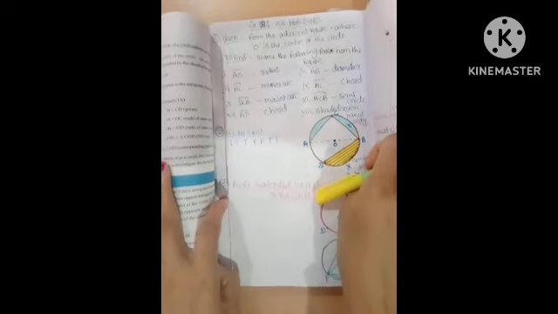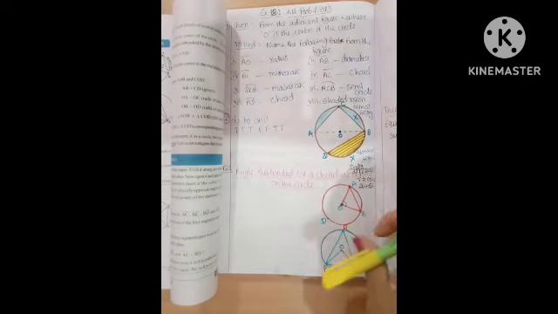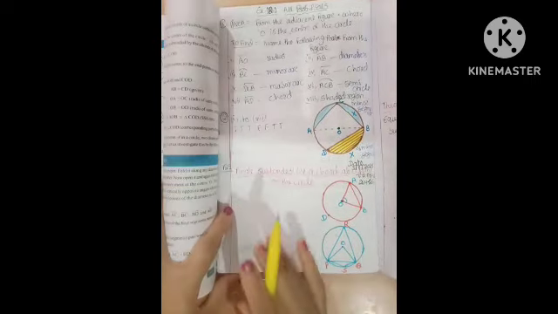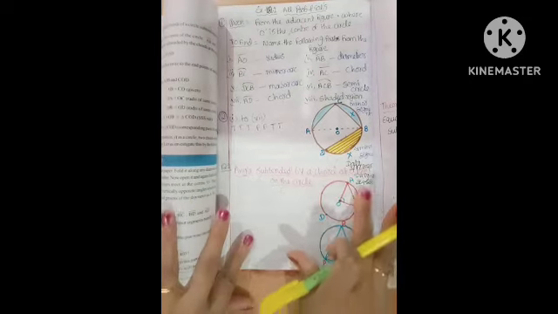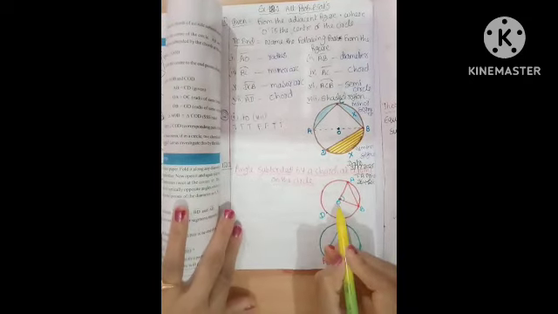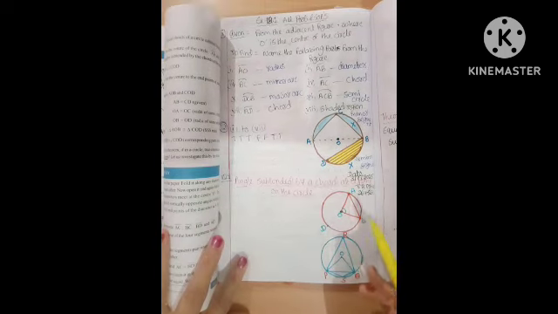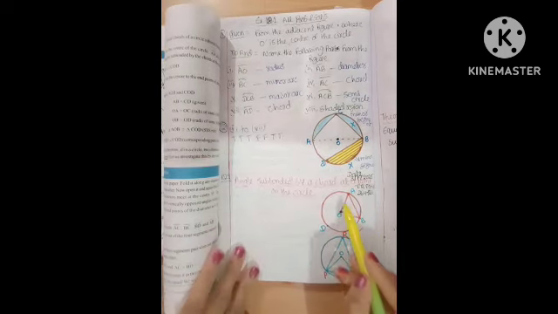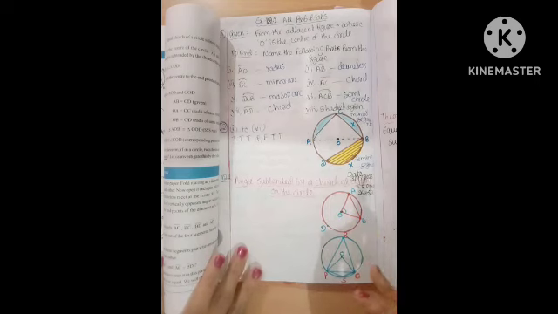Angle subtended by a chord at a point on the circle. This is a circle with center point O. Let us take two points A and B on the circle.